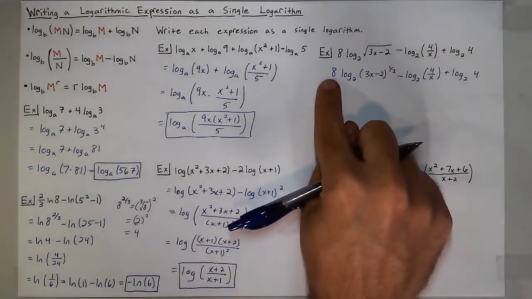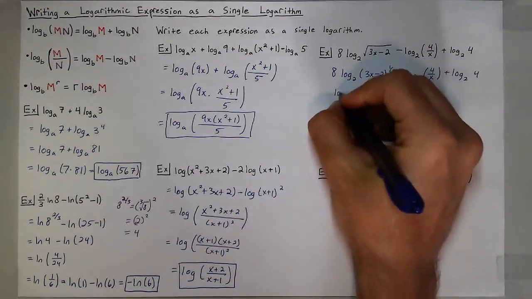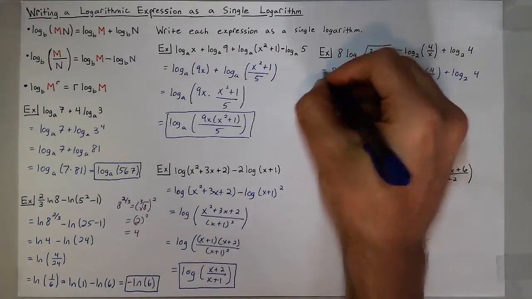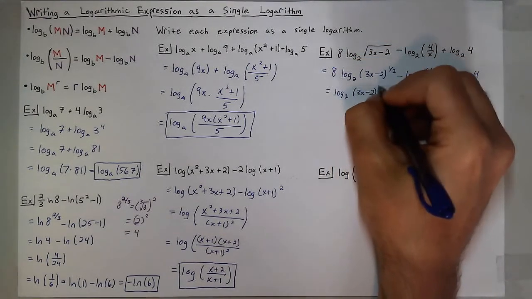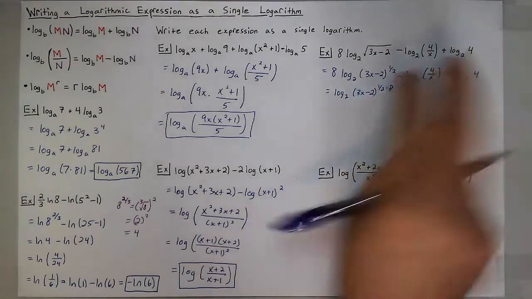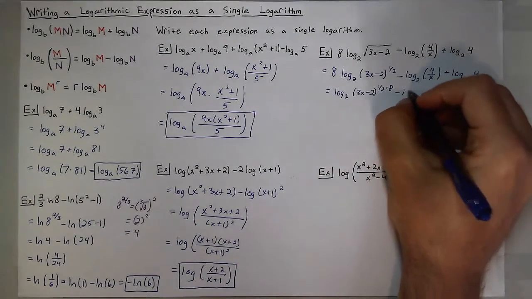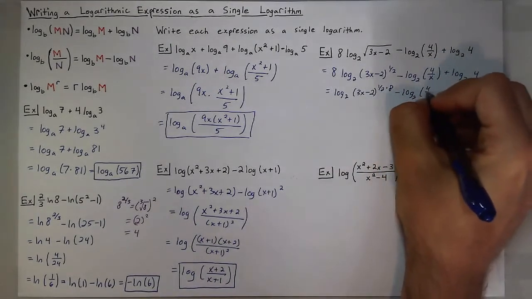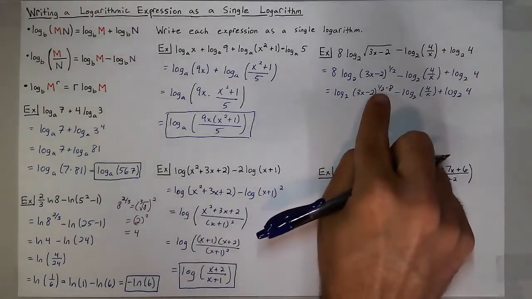Now when the 8 goes into the log, so I can start combining these, it'll become log base 2 of (3x minus 2) to the 1/2 times 8. So the powers actually multiply together when it enters the expression. So 1/2 times 8 is 4.